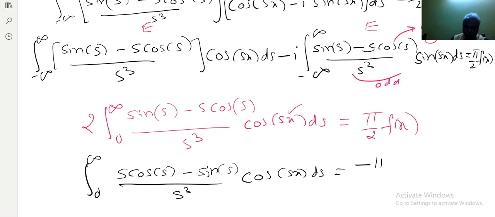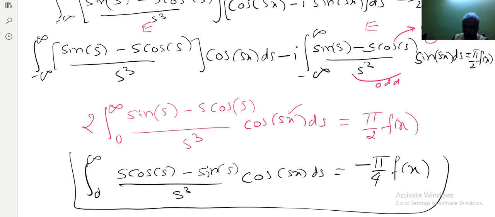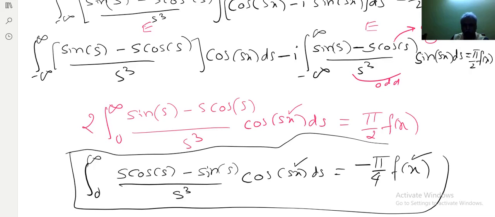So minus sign transferred, one more 2 transferred. Oh, fine. This is very helpful to us. Now already I told that there is x here also and there is x here also. Choose proper x for proper function.